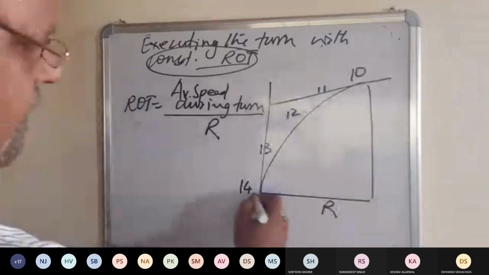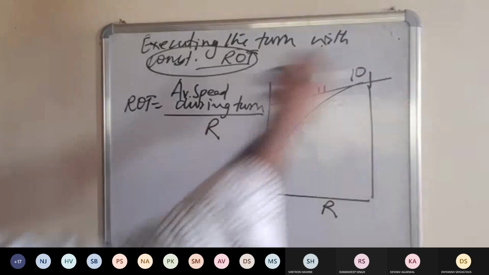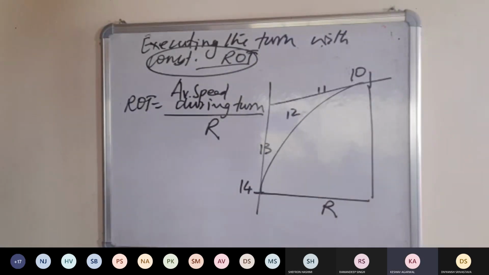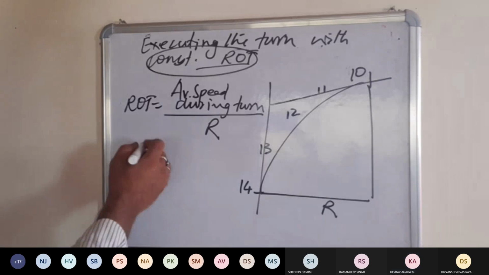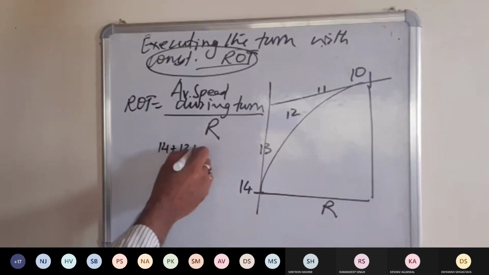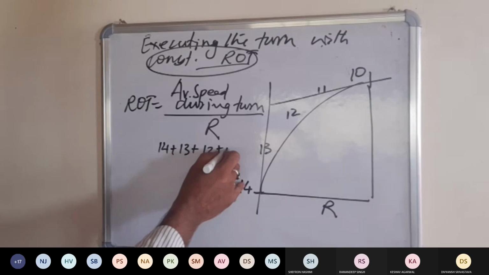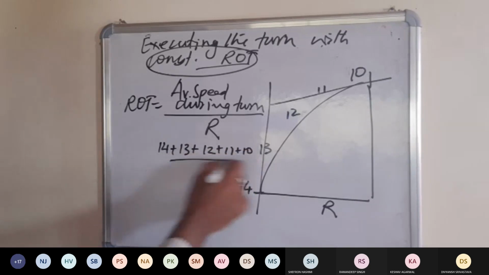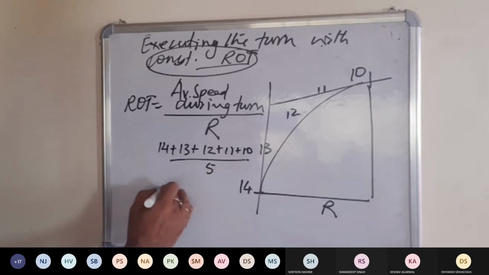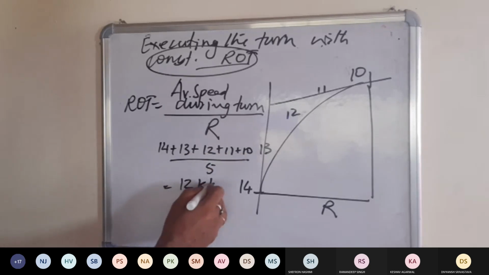So during this turn, what is the average speed? 12 knots. So what we have is 14 plus 13 plus 12 plus 11 plus 10 divided by the number of entries, 1, 2, 3, 4, 5. So that must be coming to 12 knots.